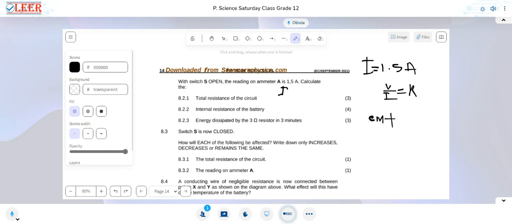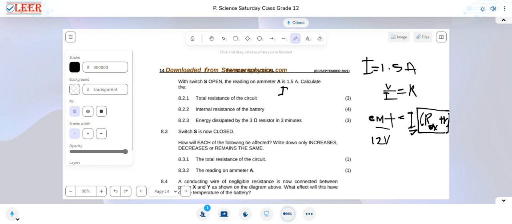This is the formula we have to use. We know that the EMF is 12 volts, and we have the 1.5. We can then calculate the total resistance. So we can calculate all of this.